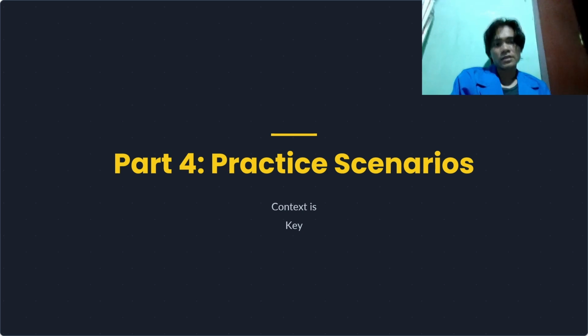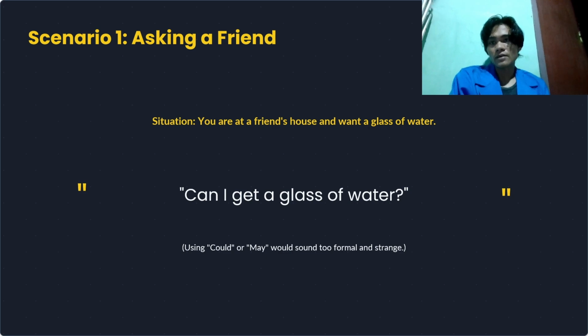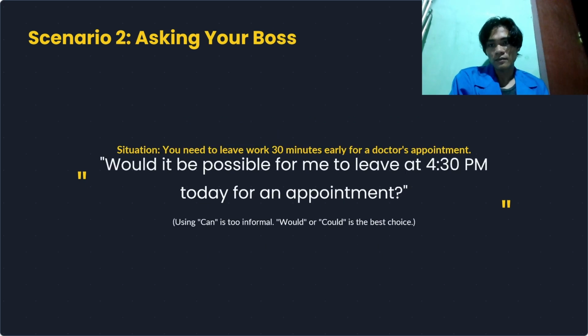Part 4. Practice scenarios. Context is the key. Asking a friend. Situation: you are at a friend's house and want a glass of water. Can I get a glass of water? Should or may would sound too formal, so you should use can I get. Scenario 2, asking your boss.